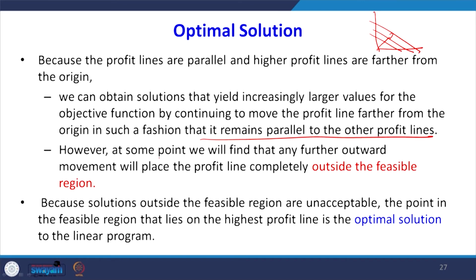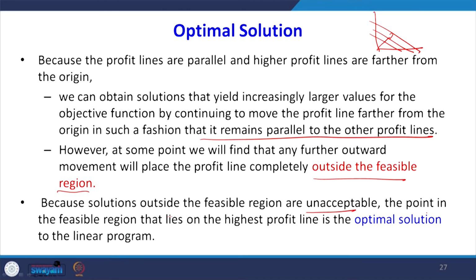However, at some point we will find that any further outward movement will place the profit line completely outside the feasible region. So, when we move away from the origin, we should be careful that we are not moving completely away from the feasible region, because solutions outside the feasible region are unacceptable.